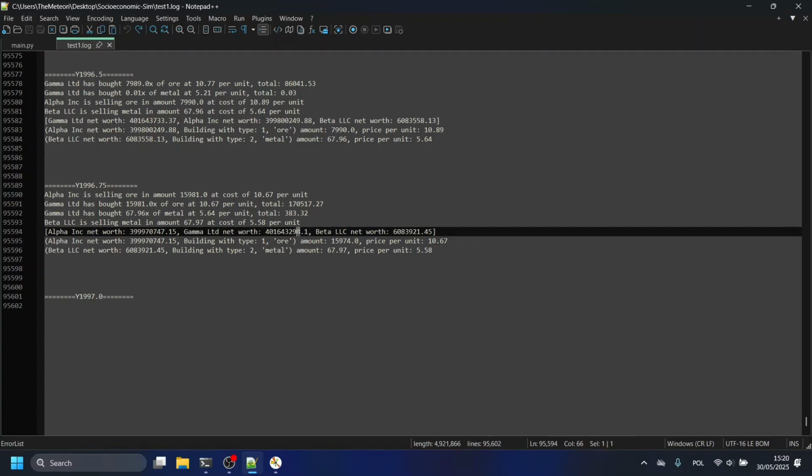Beta LLC is also quite high, where it, no, that's Gamma. Beta LLC is 6 million. That's quite good in comparison to what happened last time. And I think the fact that they had quite a lower price of metal might have influenced that.